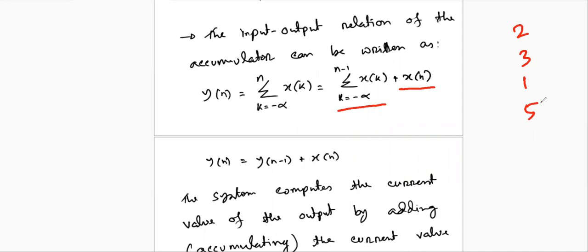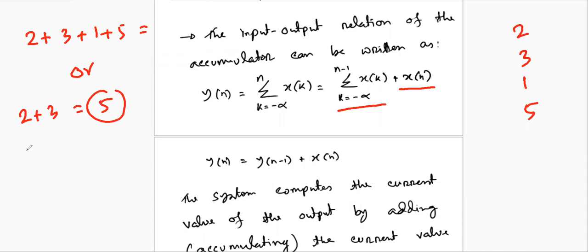We can do it in two ways: 2 plus 3 plus 1 plus 5 all together, or you can add 2 plus 3, that is 5, and store it. Then 5 plus 1, that is 6. You store that, and then 6 plus 5, that means 11. You have your result.